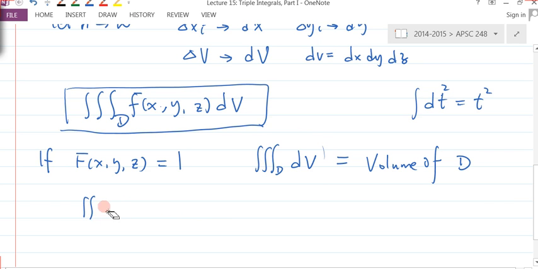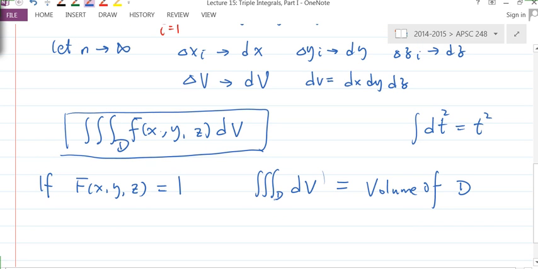Now, if this is a regular object, you can get the volume pretty easily. Just like a double integral, what we need to figure out is a computable way to evaluate this triple integral.